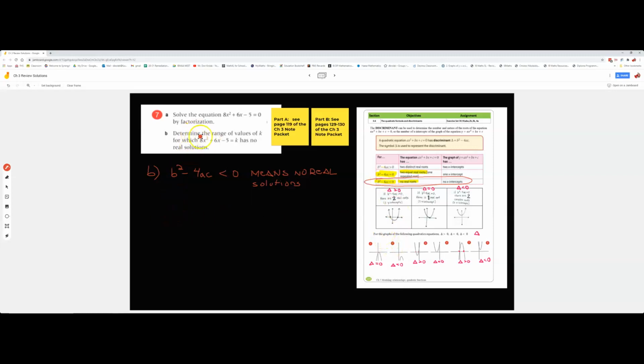So I'm going to take this equation here and get it equal to 0 first, and then plug the values for A, B, and C into the discriminant. So I'm going to have to subtract k from both sides first.